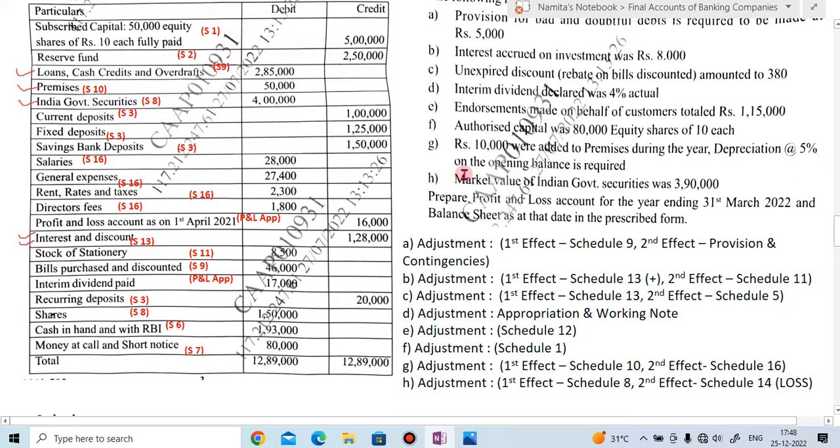Depreciation at 5% on the opening balance is required. Now here in adjustment number G, there are 2 hidden adjustments. First is 10,000 added to the premises during the year, and second is depreciation at 5% on the opening balance. Now this adjustment will be where? First effect in schedule number 10, second effect in schedule number 16.